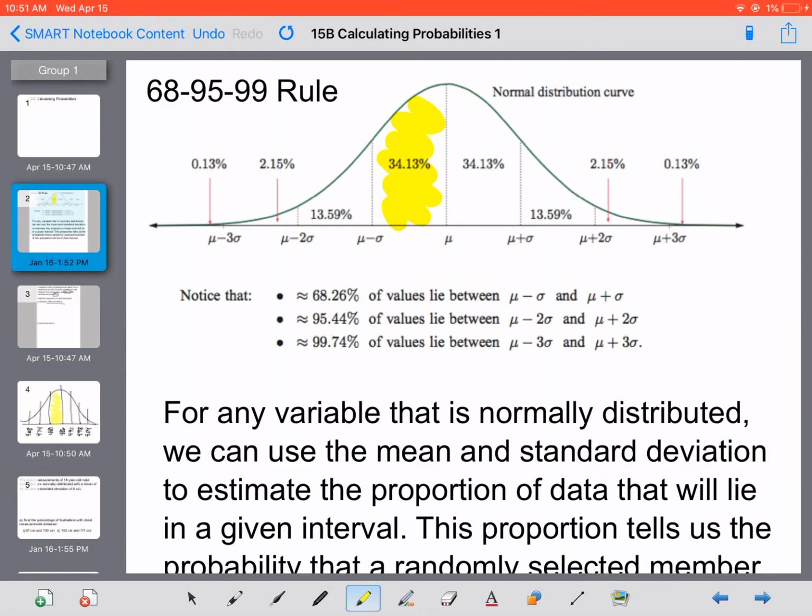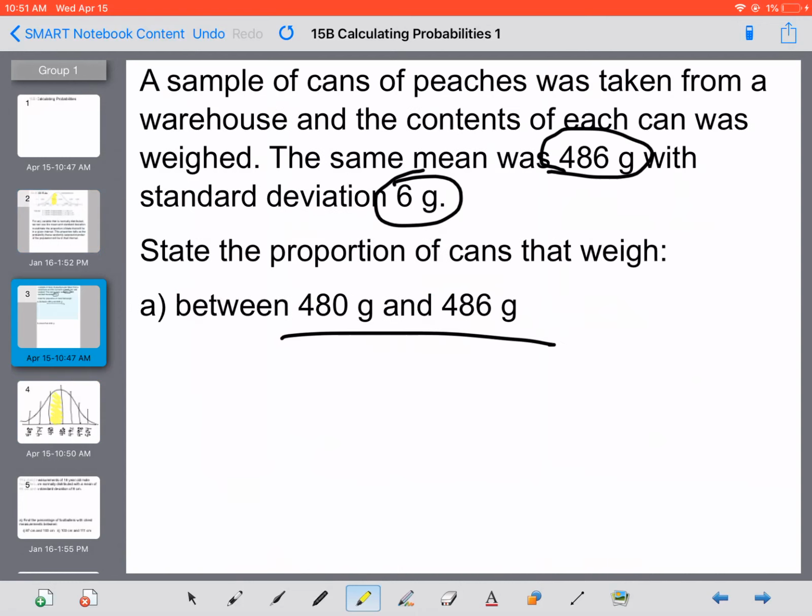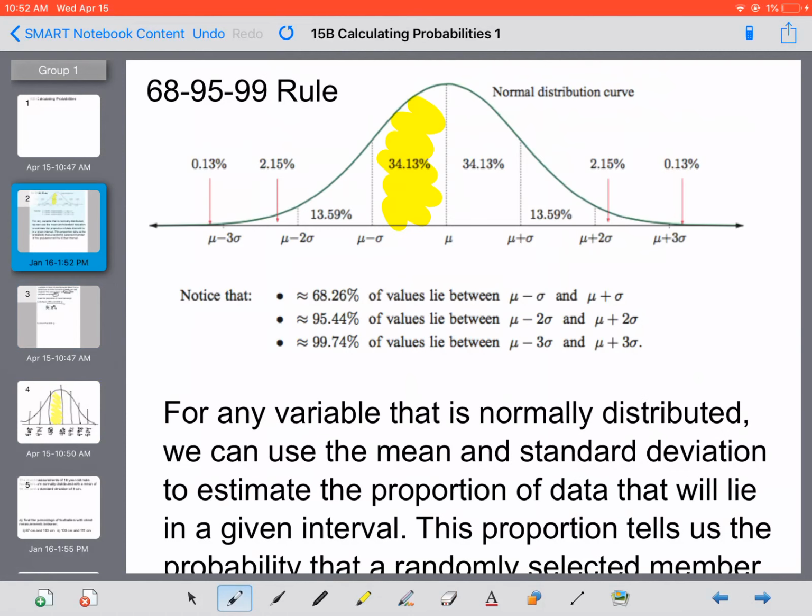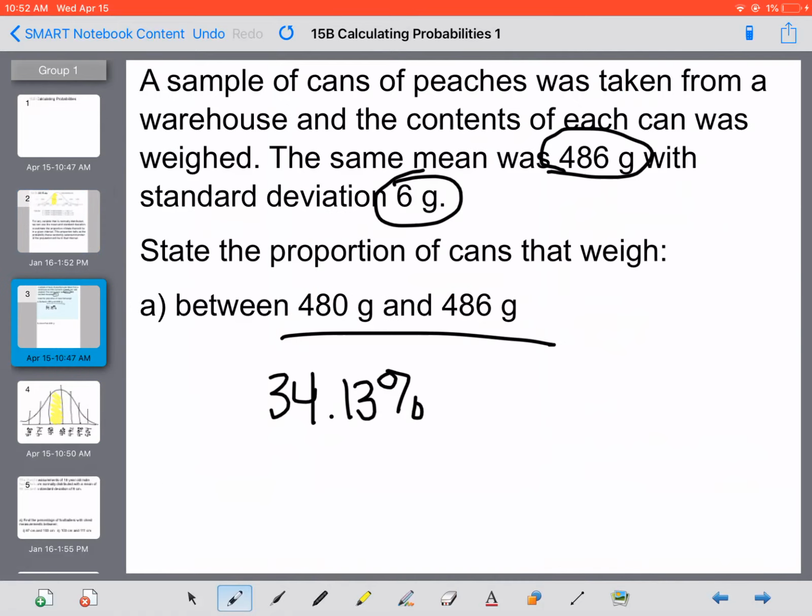So that means that there's going to be 34.13% of that data falling between 480 and 486. So you guys, you're going to want to get familiar with this curve here because that's going to be, for right now, how we're going to calculate those probabilities.